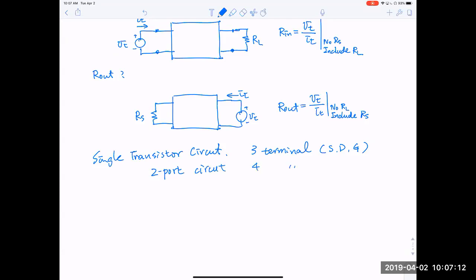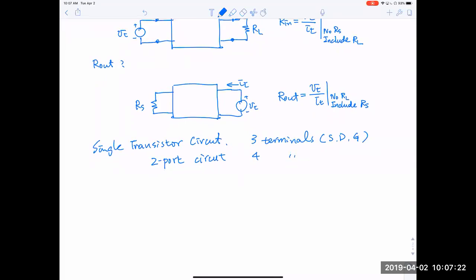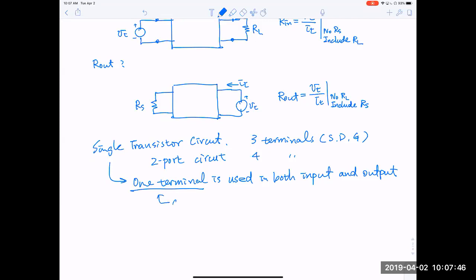So this means we have to reuse one of the terminals when we do a single transistor circuit. One terminal is used in both input and output, both sides. We call this terminal common.